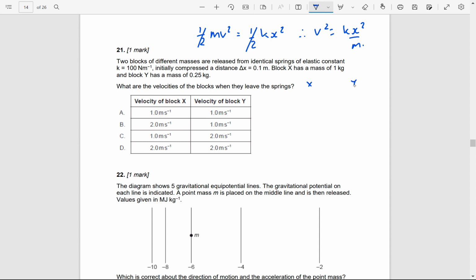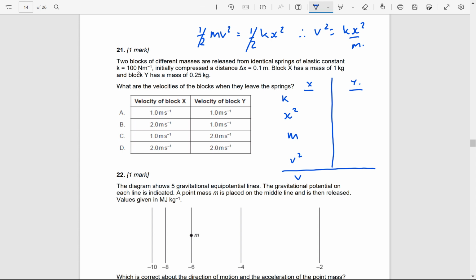Okay, so we've got two blocks, X and Y, and let's see what the differences are between them for each of the different values. We've got K, X squared, M, and then V squared, and then ultimately what happens to V, so the square root of that.